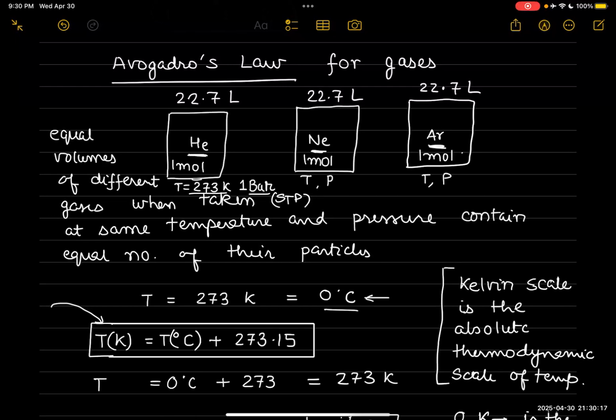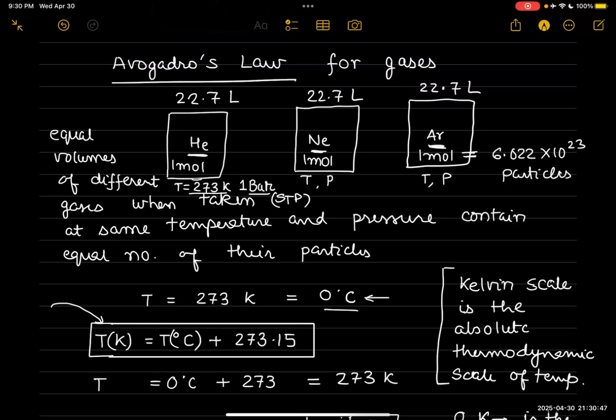One mole means how many particles? Aisha and Abdul, tell me. 1 mole of argon, how many particles? 1 mole of neon, how many particles? 1 mole means 6.022 into 10 to the power 23 particles.